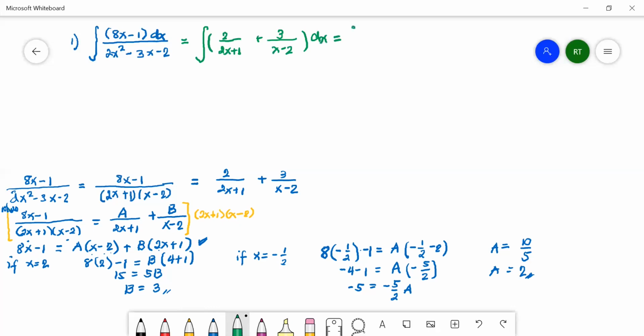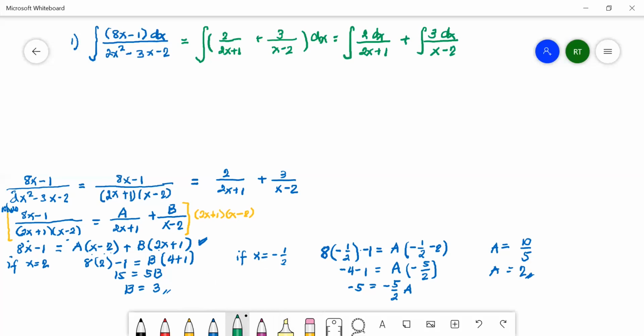And we can write this as a sum of integrals. Let me write this as the integral of 2 times the differential of x over 2x plus 1, then plus the integral of 3 times the differential of x over x minus 2.